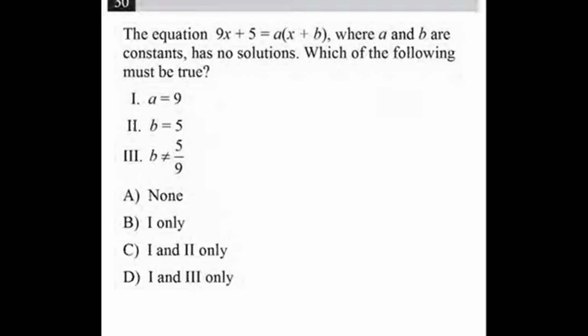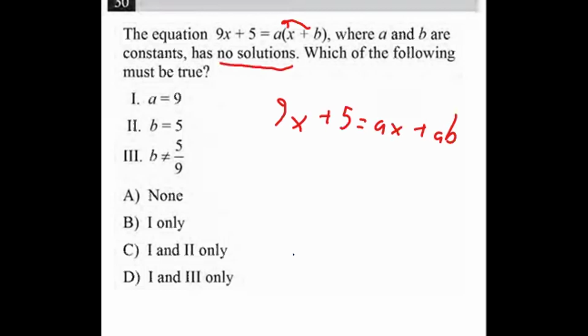Okay, so for question 30, we have 9x plus 5 equals ax plus b. First we can multiply out a, which gets us 9x plus 5 equals ax plus ab. And we're told this has no solutions.